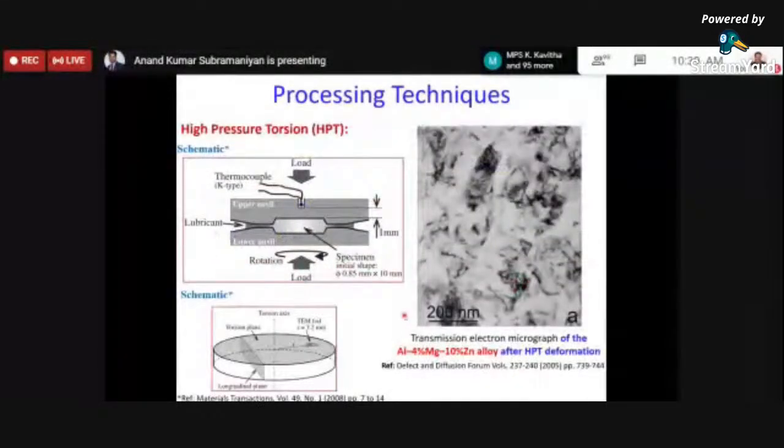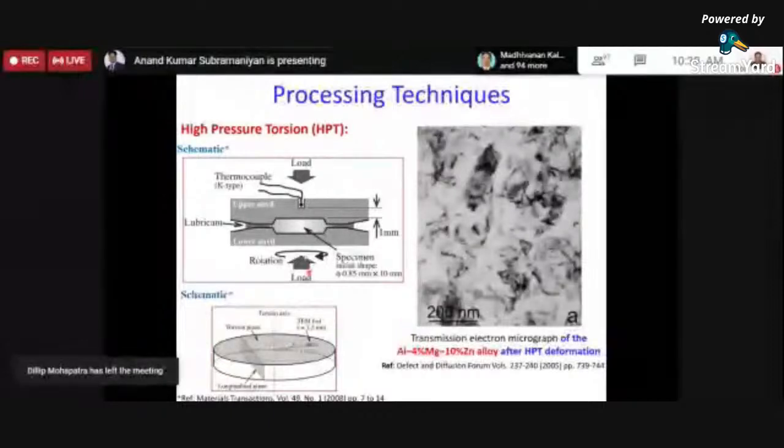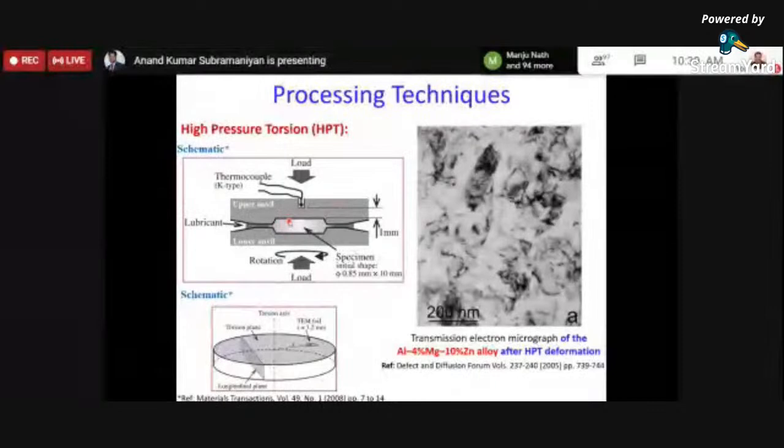So the first technique is high-pressure torsion, or HPT. It is also called the HPT technique, and the schematic is shown here. Essentially, we place our sample between two anvils, the lower and upper anvil, apply load, and rotate the lower anvil.